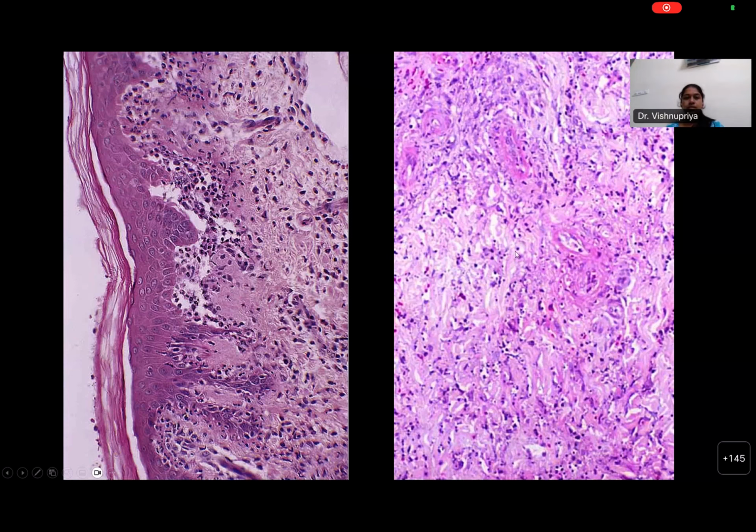You find a lot of nuclear dust. So particularly when neutrophils migrate in vascular damage, many of them degenerate within the tissues and you find nuclear dust, which is called leukocytoclasia. Leukocytoclasia is just mostly degenerated neutrophils, and here you find some vascular damage. This is an example of a vasculitis.